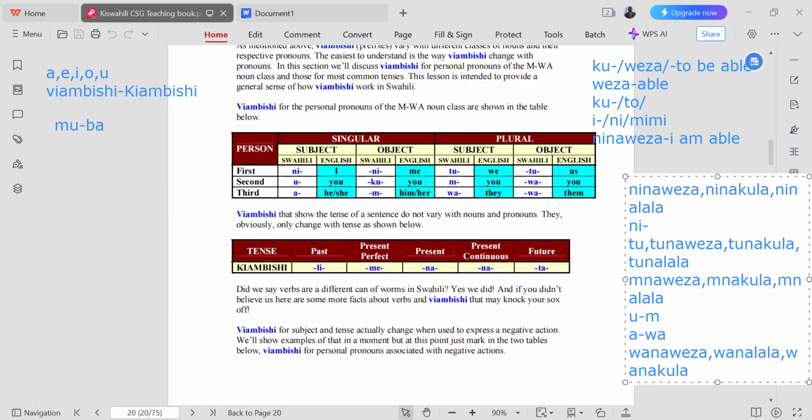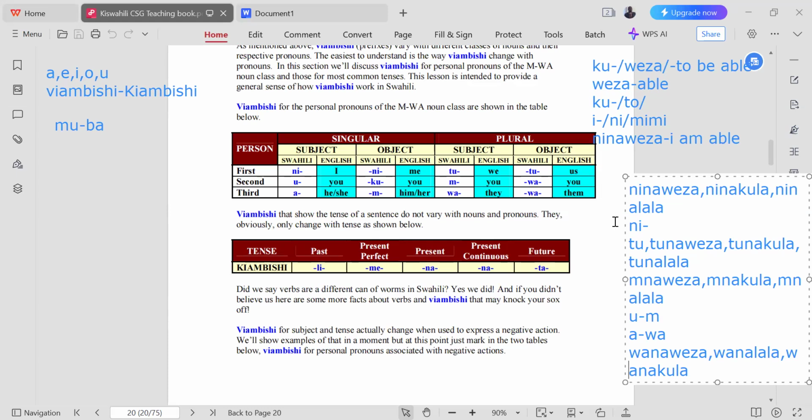Any questions there? No. That's okay. So let me delete some part of the text so that you can move on.